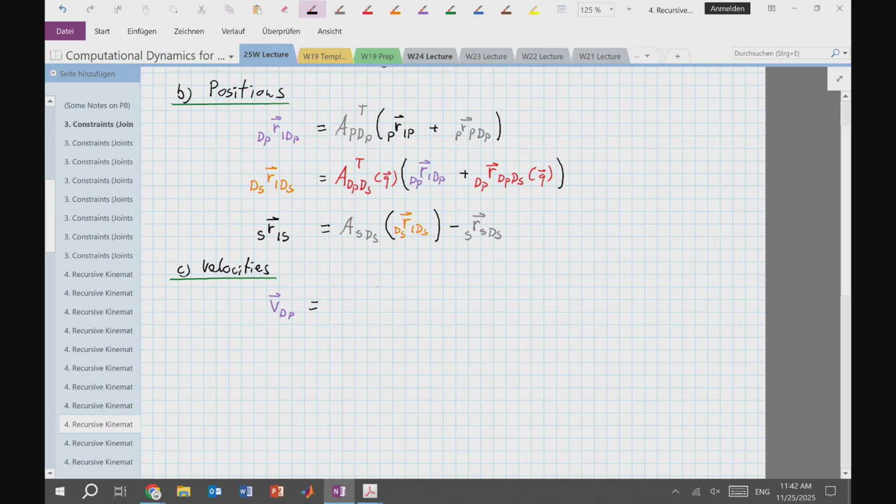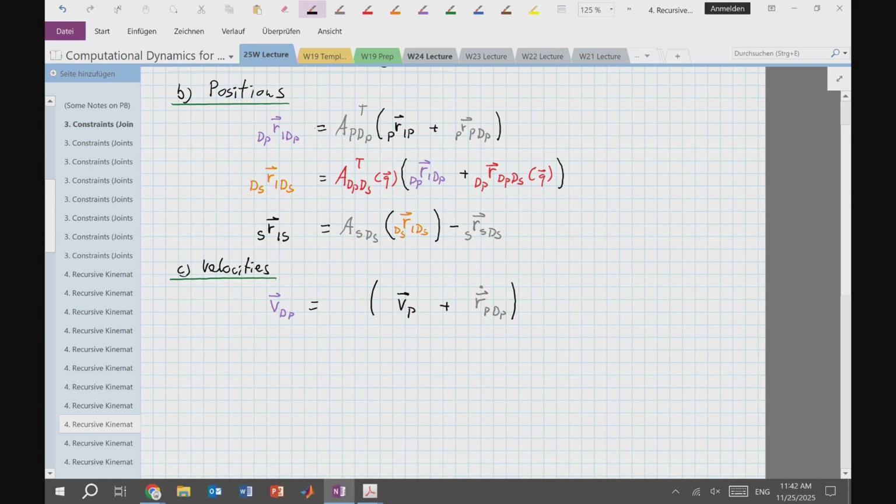And I'll leave a little bit of space because we will need a coordinate transform afterwards. Of course, it depends on the velocity of the predecessor coordinate system and on the relative velocity between predecessor and successor coordinate system. And I would write that as the physical vector rp dp. This we will need in a second.